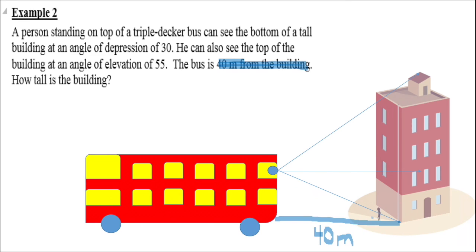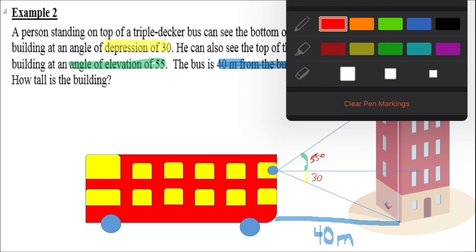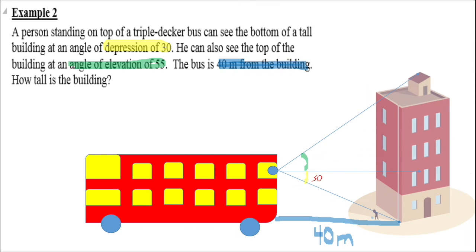You have the 40 meters from the building, the angle of depression is 30, and the angle of elevation is 55 degrees. Just clean that up a little bit.